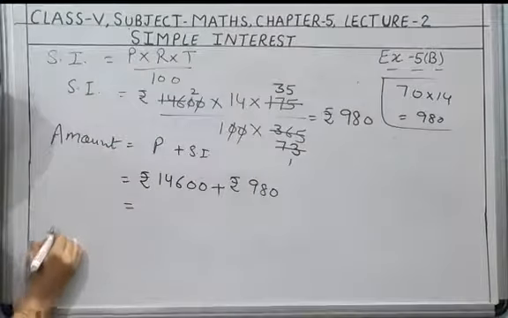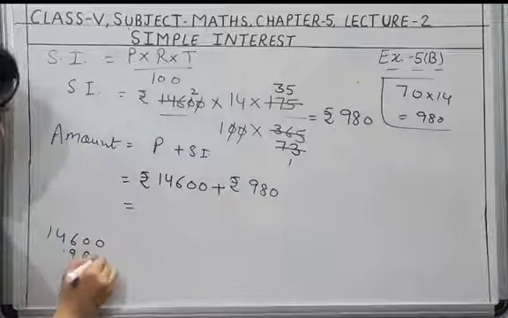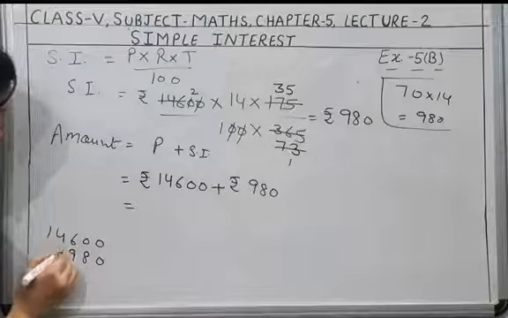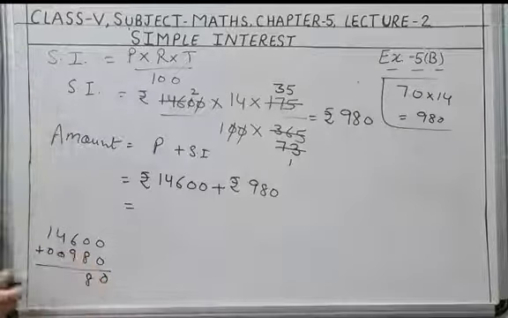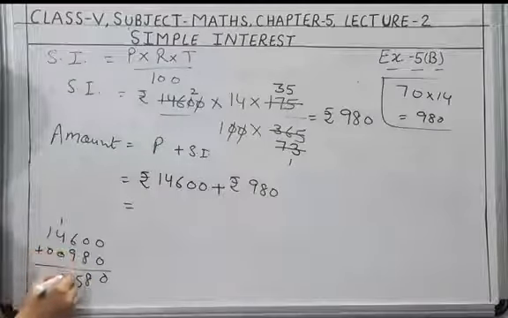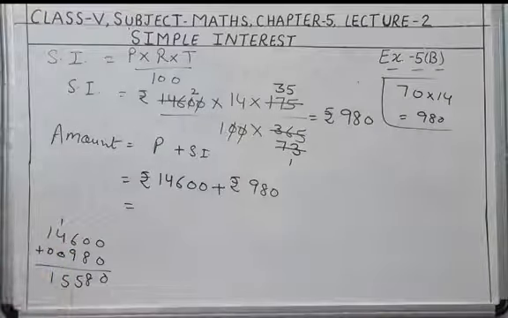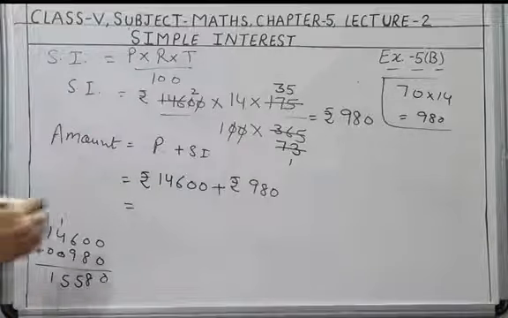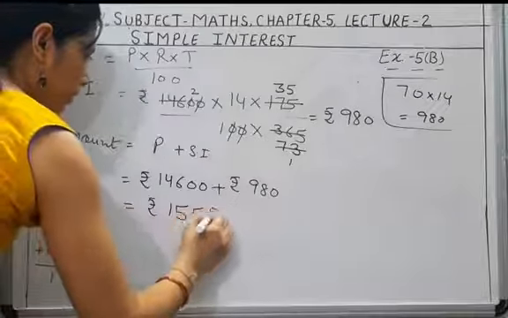So do addition. 980 plus 14,600: 0 plus 0 is 0, 8 plus 0 is 8, 9 plus 6 is 15, 4 plus 1 is 5, 5, and 1. So the amount is rupees 15,580.